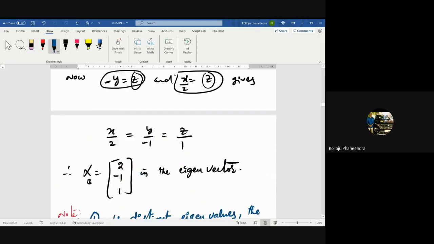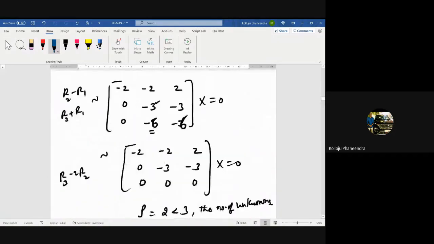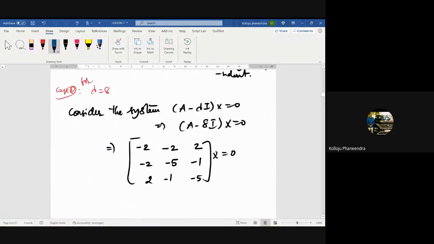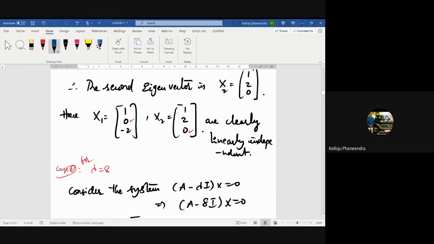And one more important point here, what I have written, lambda equal to 8 is right.